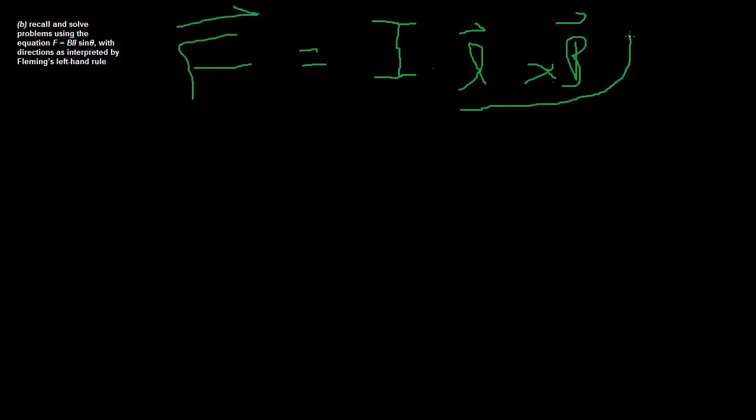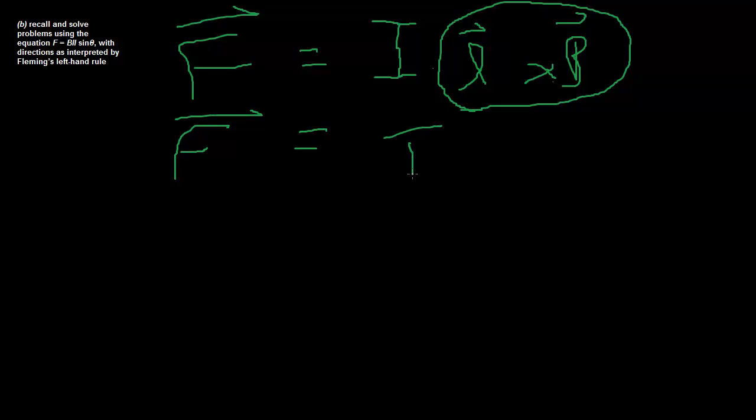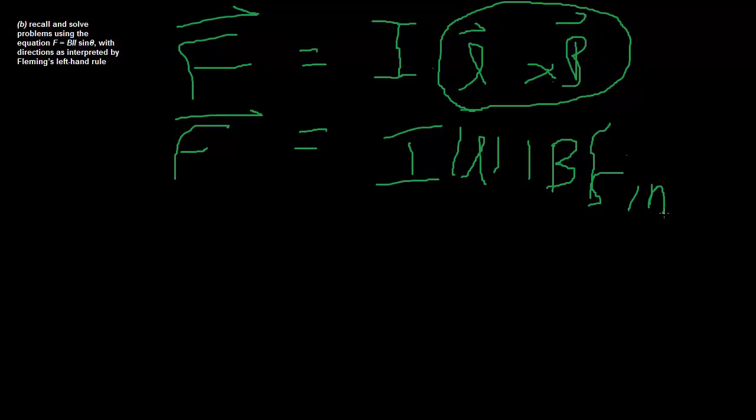And what do we define the cross product as? The cross product is essentially, as I said before, equal to the magnitude of L and the magnitude of B, which is BIL, times sine theta. Sorry for my terrible handwriting. And also times a unit vector in a different direction.